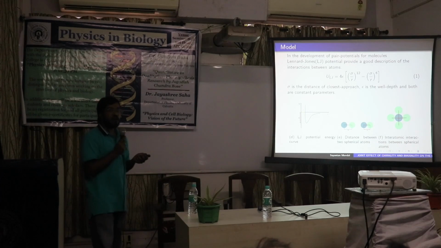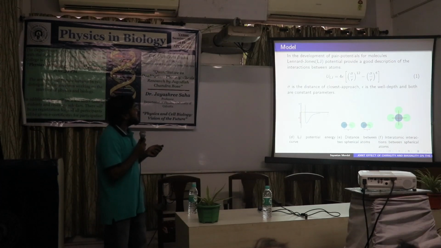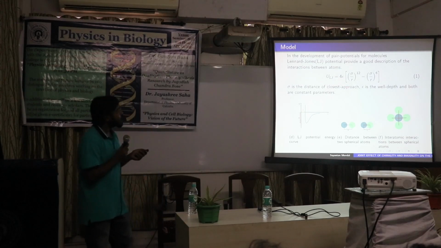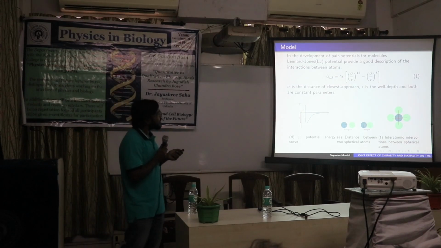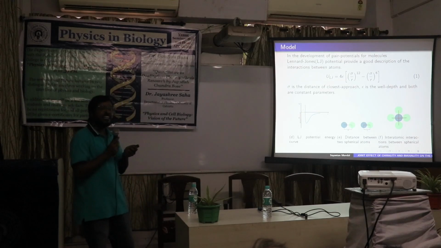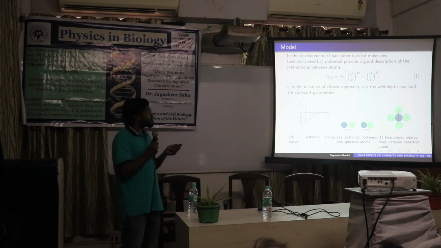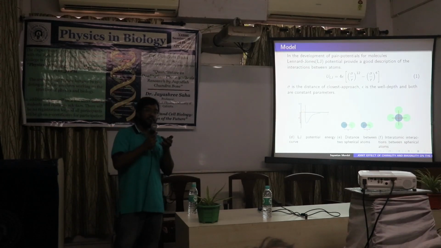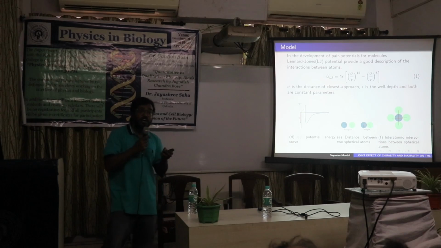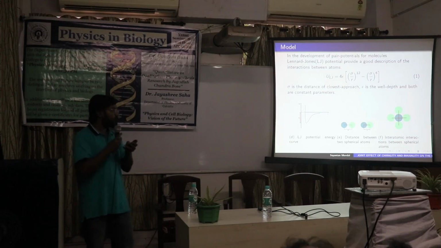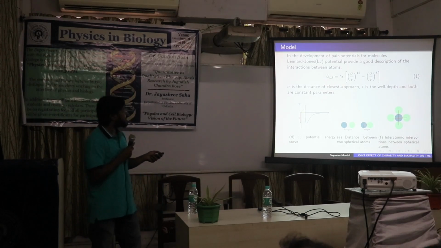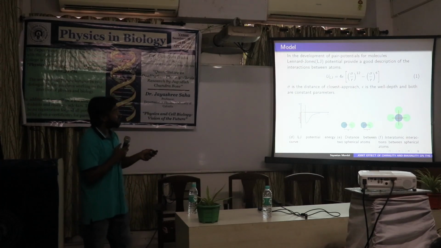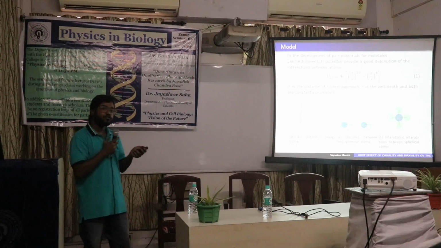Now, in order to understand our model, let's start from the very famous and standard Lennard-Jones potential, where epsilon is the well depth and sigma is the interatomic separation. For a system of spherical symmetry, it doesn't matter from which direction the molecules come. So sigma here is a constant, and also epsilon, the well depth, doesn't depend on molecular orientation due to spherical symmetry.